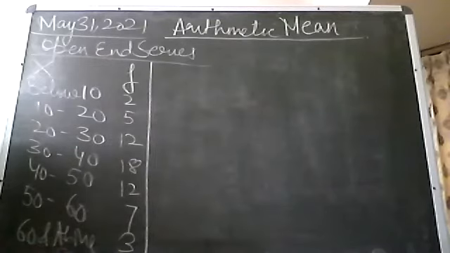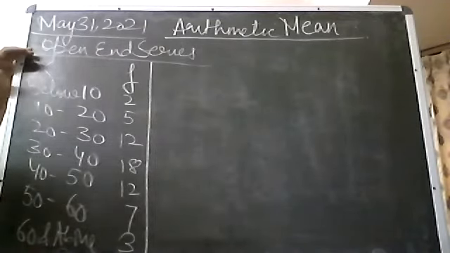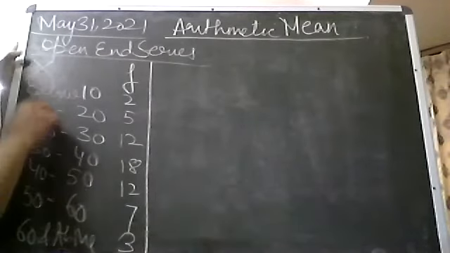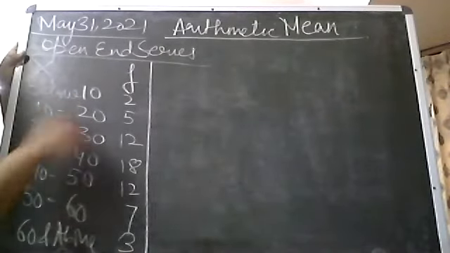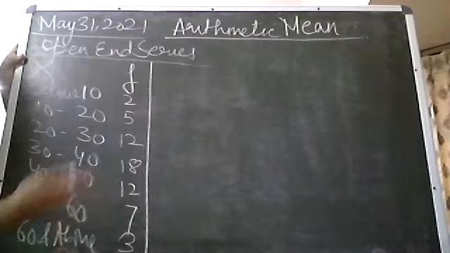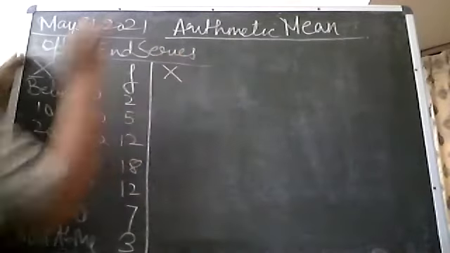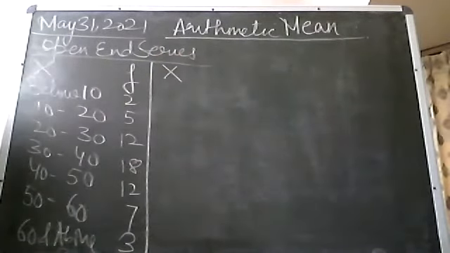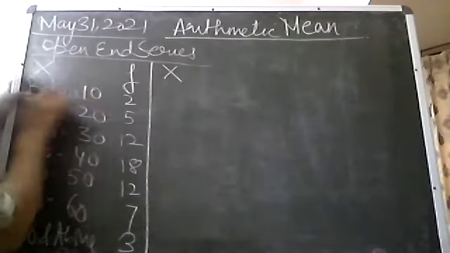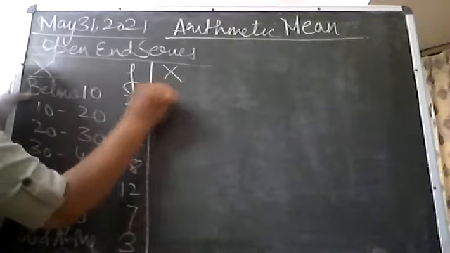Now we will be doing the solution. You will not be told that this is an open-end series. It's your own judgment. You can see that lower class limit is missing, upper class limit is missing. So this is definitely an open-end series. As I told you, its lower class limit will be equal to 0.